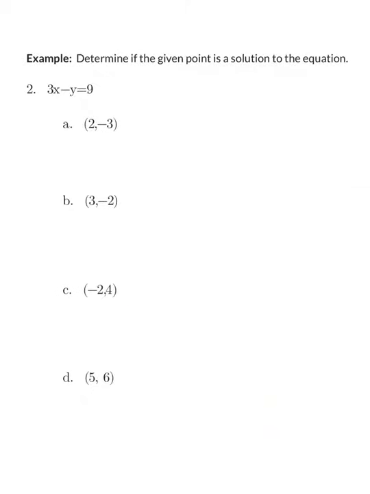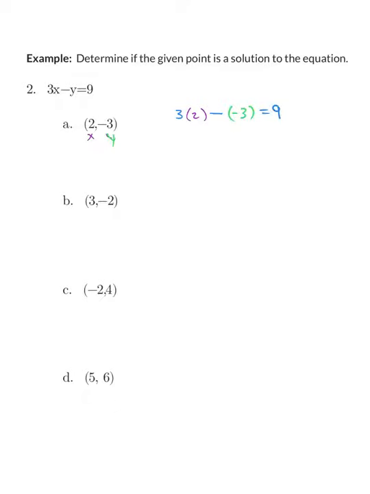So let's try another example and see what we can do with this. Same idea, I want to go ahead and plug in 2 for x and -3 for y. If we do this, we end up with 3 times 2 minus -3, and I want to know, is this equal to 9?